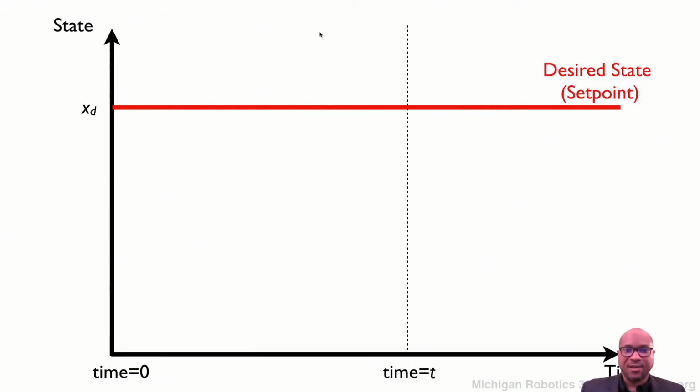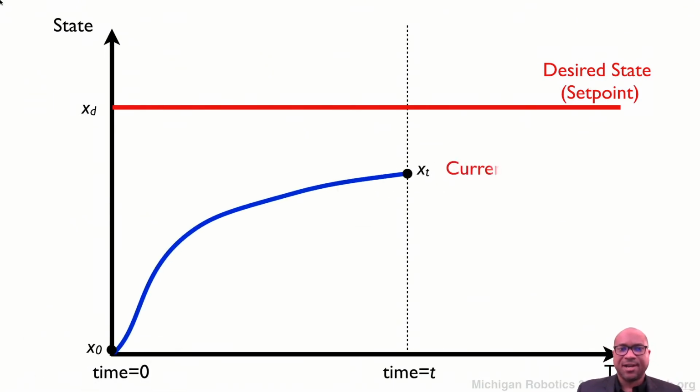If we look at the evolution all the way up to the current time t, we'll start off with our initial state x0, which does not have to be 0 itself, but I've just conveniently put it there. This is going to evolve over time and bring us up to our current state xt.